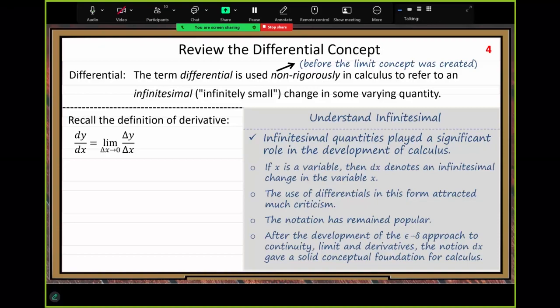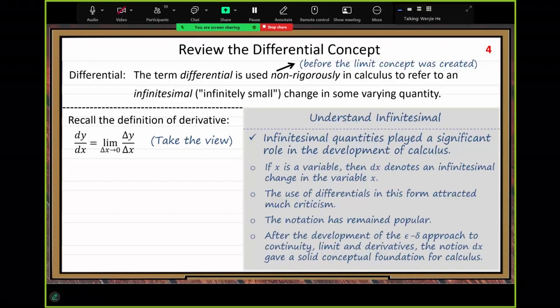But you take the limit when delta x goes to 0. That limit you define as the derivative. The limit you use epsilon delta language to define. Here we do not go that far.